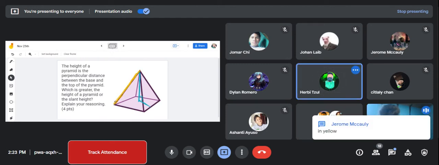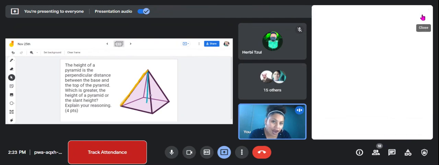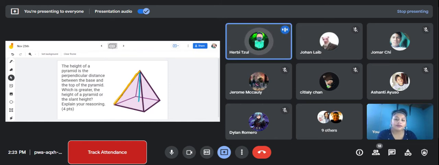Okay, very good. That's the correct answer. What is your reason? How do you know it is the greatest one? Because the slant doesn't fall on the base on the same point of the base as the height.